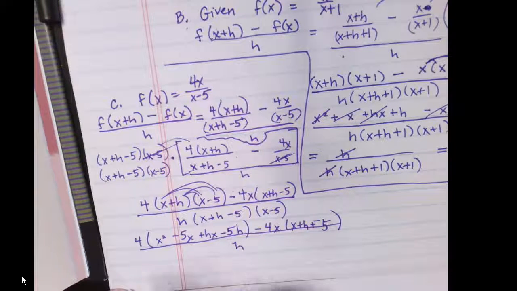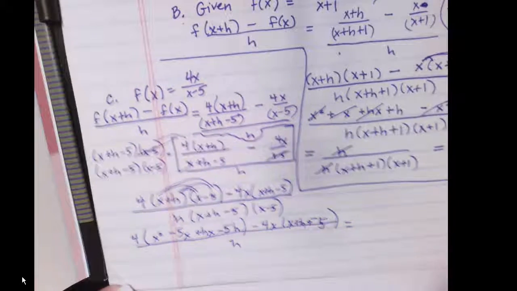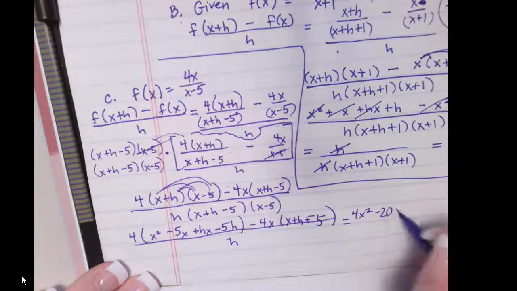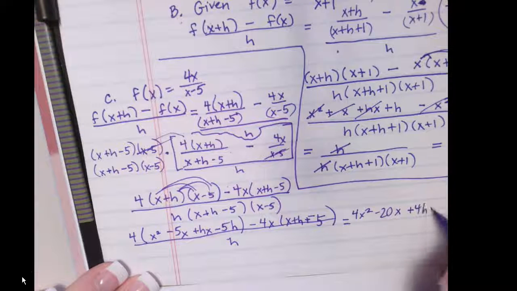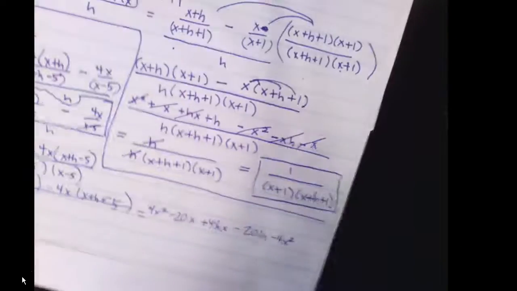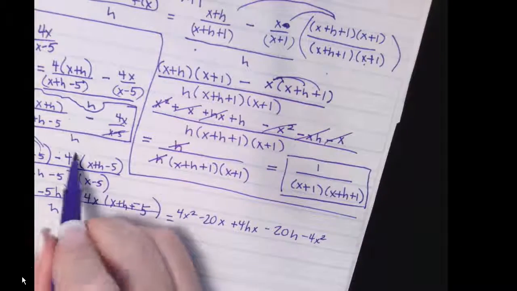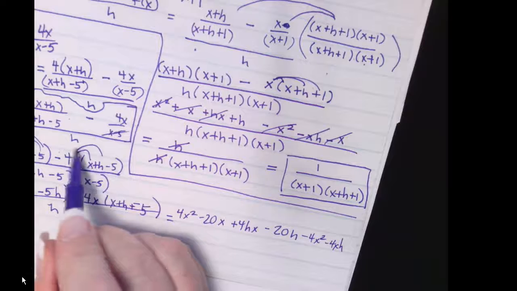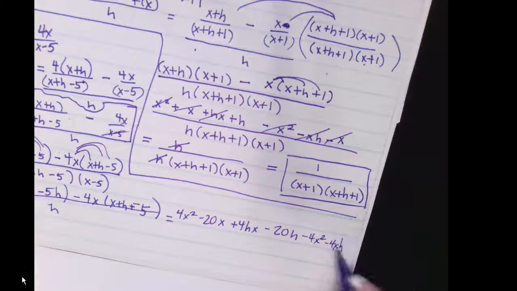So 4x squared minus 20x plus 4hx minus 20h, minus 4x squared, minus 4xh, plus 20x.